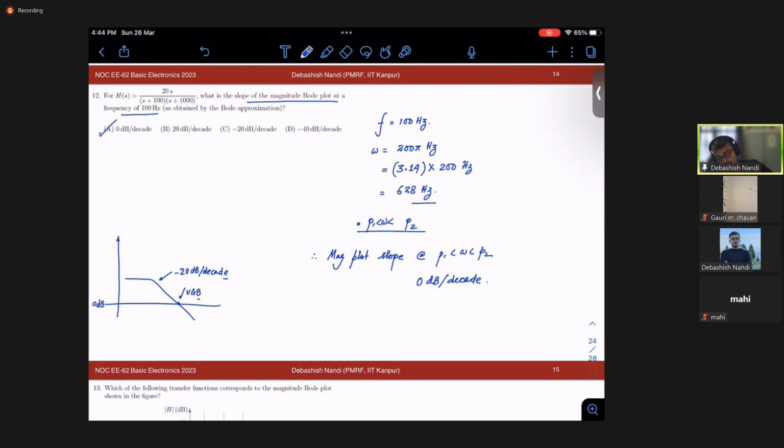If you have seen your simple RC circuit responses, if the capacitor is discharging or charging, it goes asymptotically to the final value.